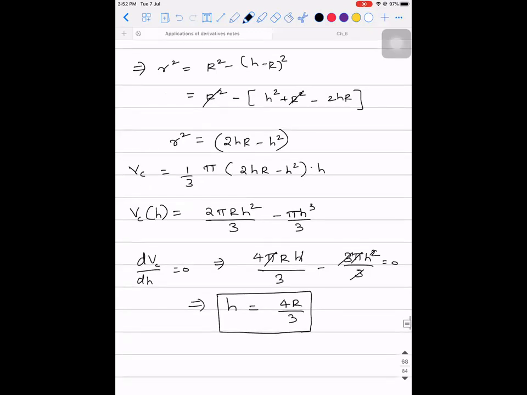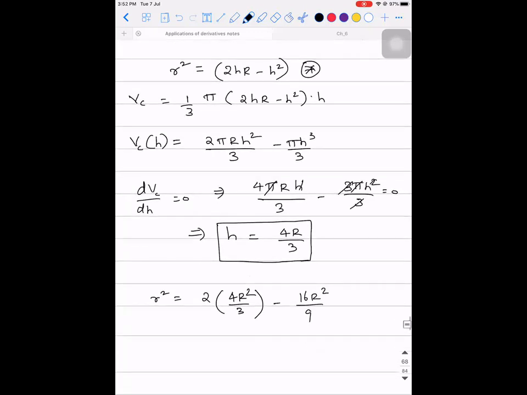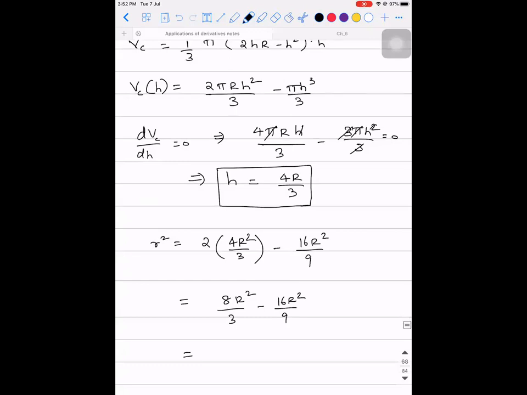If I substitute this 4R by 3 back in small r square, what do I get? 2 into 4R square by 3 minus 16R square divided by 9. So how much is this? 8R square by 3 minus 16R square by 9. Multiply and divide with 3, I get 24 minus 16, which is 8R square divided by 9.